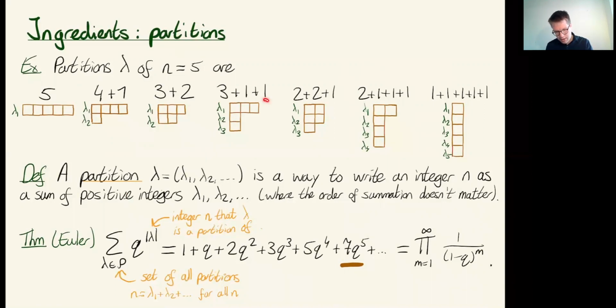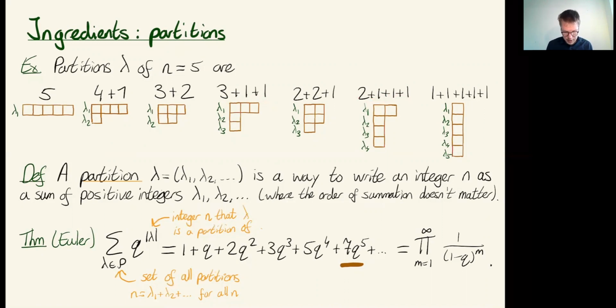For example, this 3 plus 1 plus 1, this is a partition of the integer 5. Why? Well, because these are positive integers which add up to 5. And even so, for example, this one, 2 plus 1 plus 1 plus 1, this is also a partition of 5.